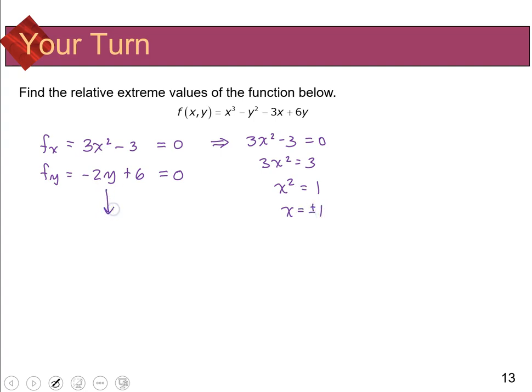And this one here, negative 2y plus 6 equals 0, means that negative 2y is going to equal negative 6, which means y is going to be 3.